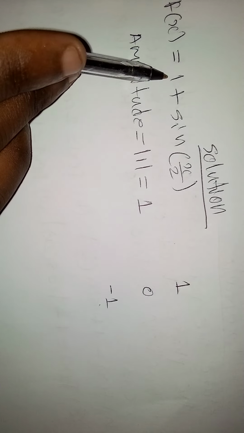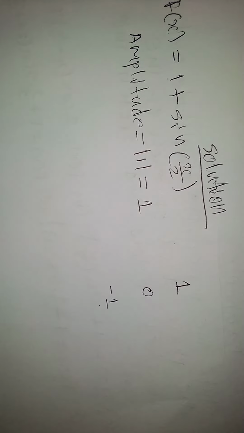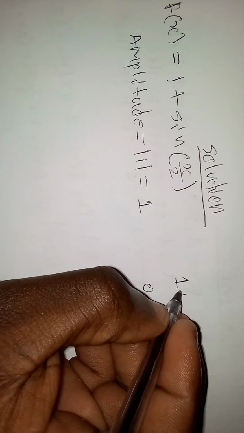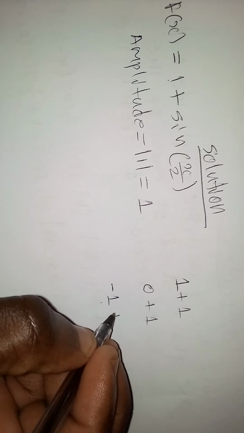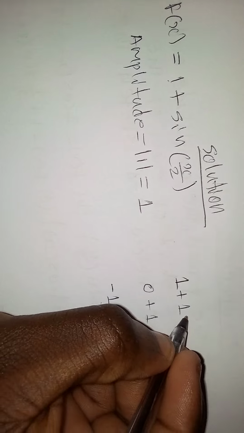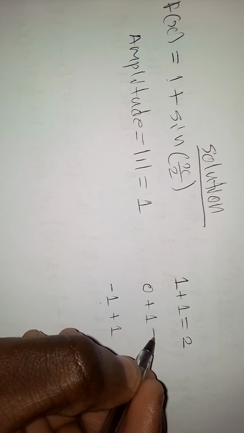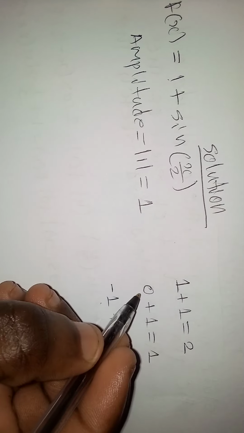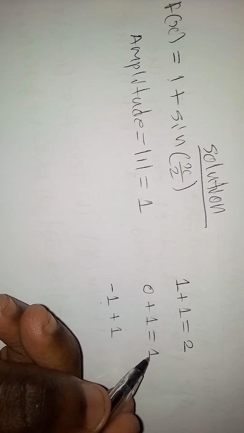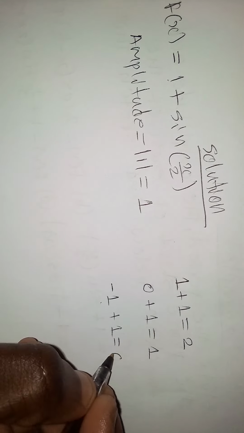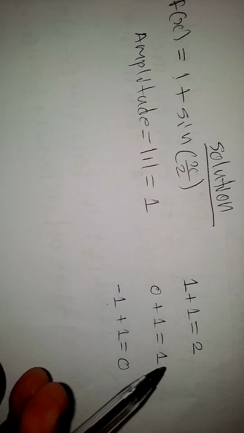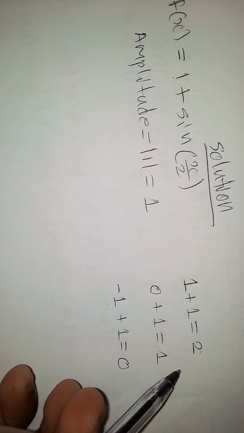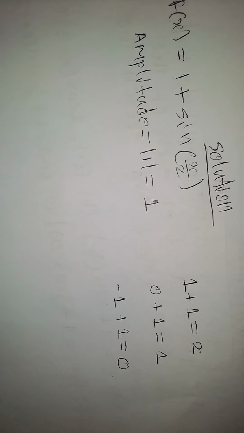Now, because it has been shifted vertically by 1, every point moves one step upward. So the top is equal to 2, and the middle is 1, meaning that the x-axis moves to 1 and the bottom goes to 0. So it will be between 2 and 0 on the y-axis.